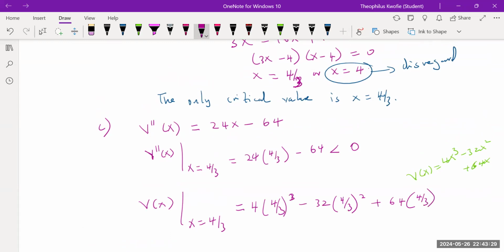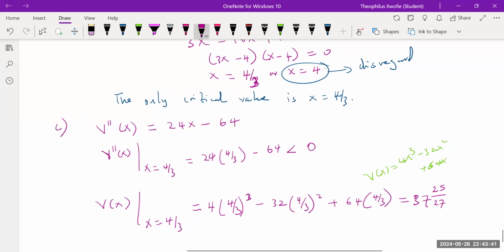Is that okay? And when we do that, if you use a calculator, you should have 37 25 out of 27 inches, since you're using inches.